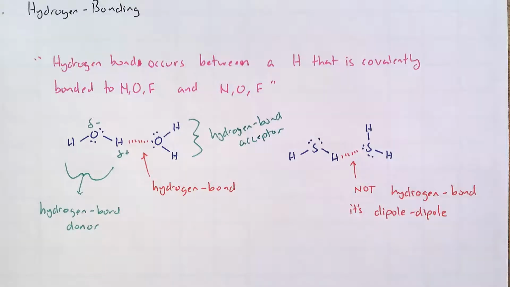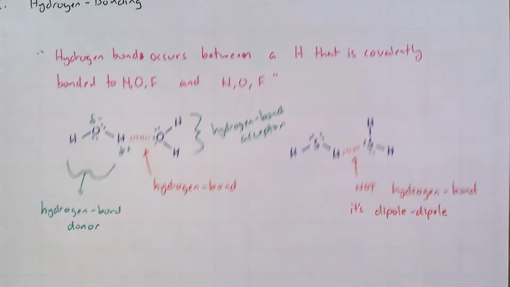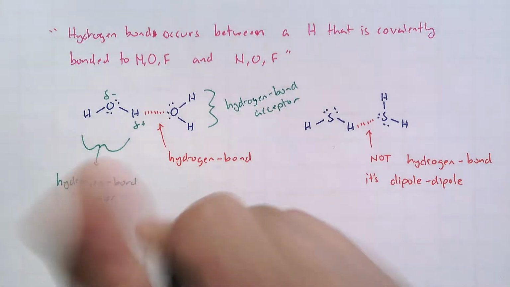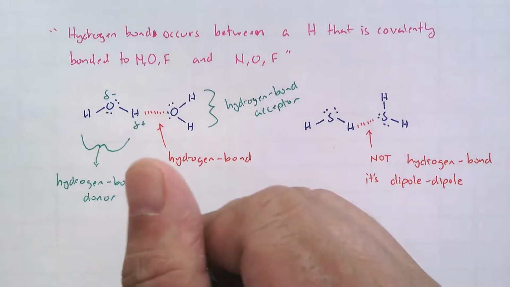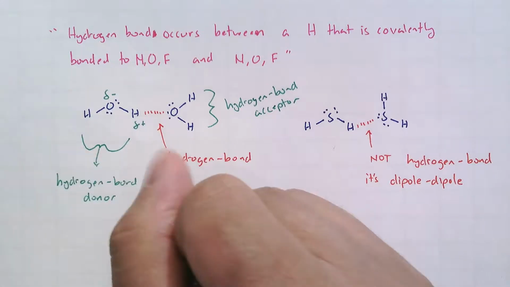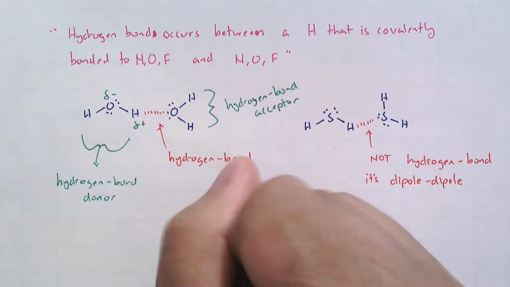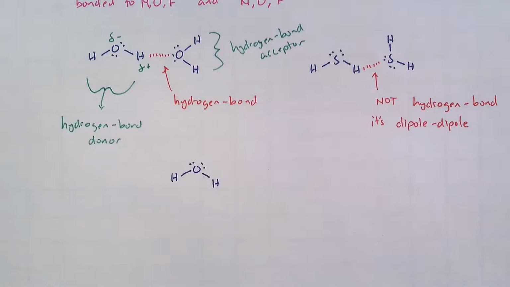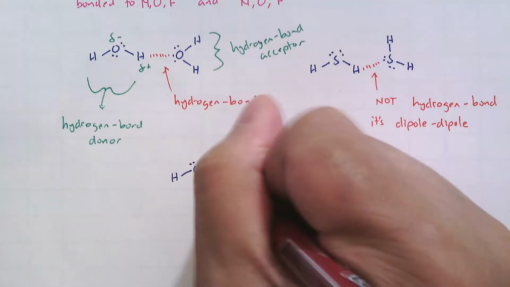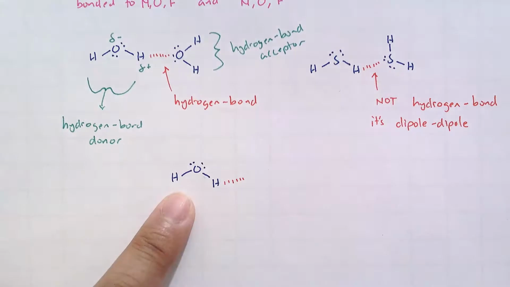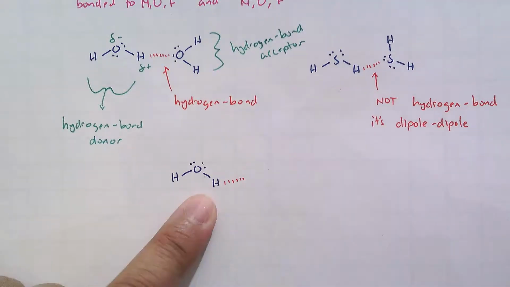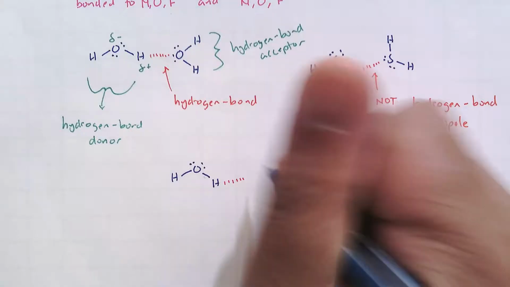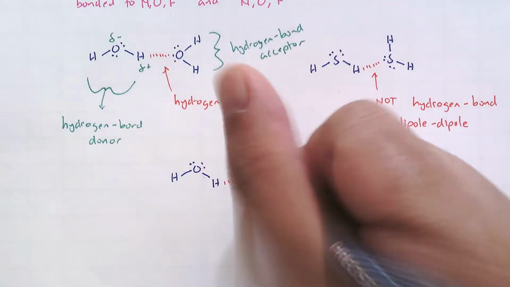One last thing, and I sometimes make this mistake: what if we had water, and we're going to have two different molecules here? What if I'm making a supposed hydrogen bond? The donor satisfies the definition so far. It's a hydrogen covalently bonded to O, N, or F, and I bond it to an electronegative atom, such as chlorine.